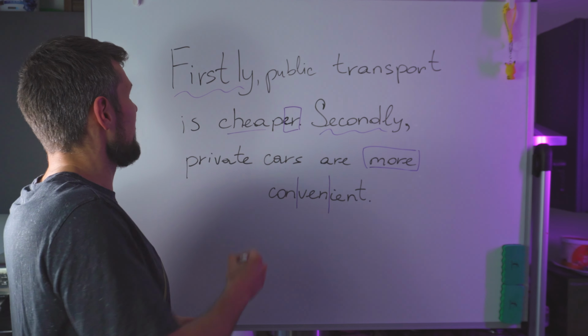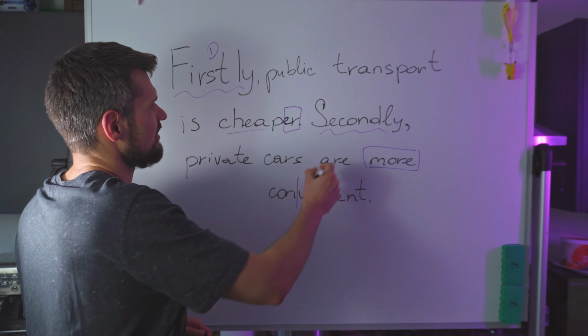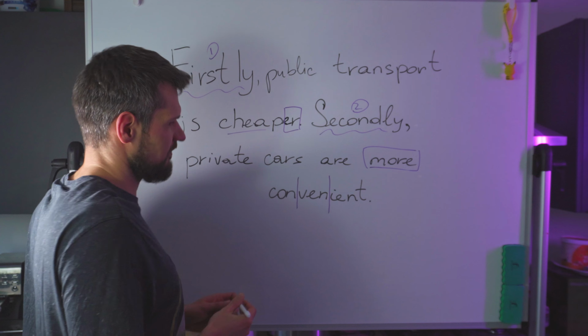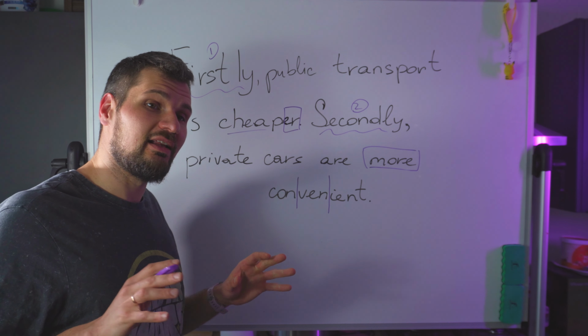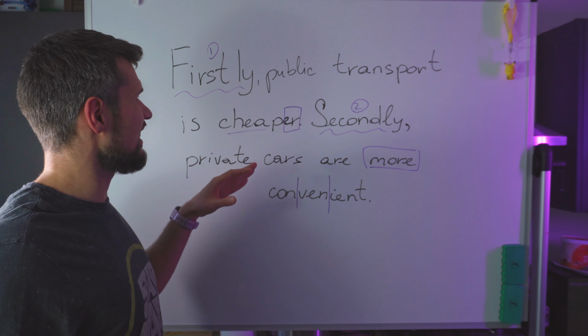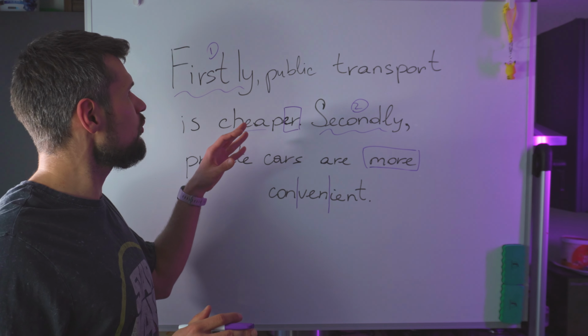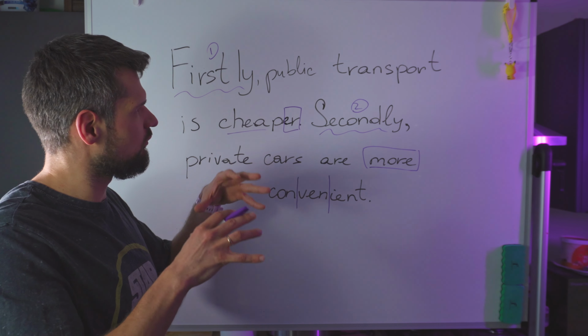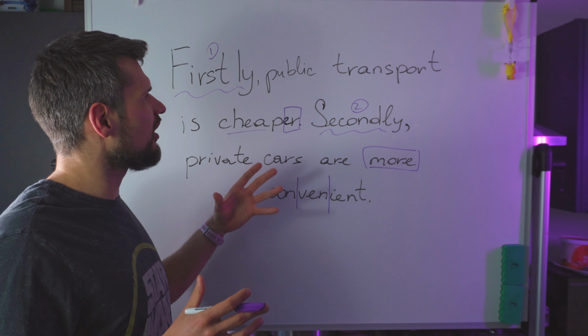So we're basically giving a number, that this happens first and this happens second.